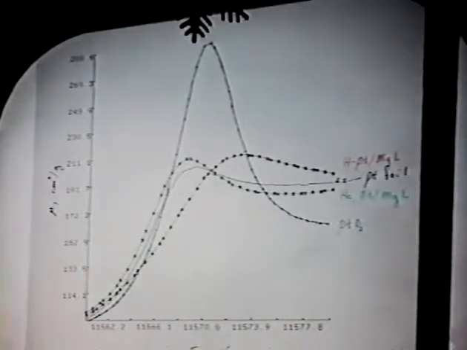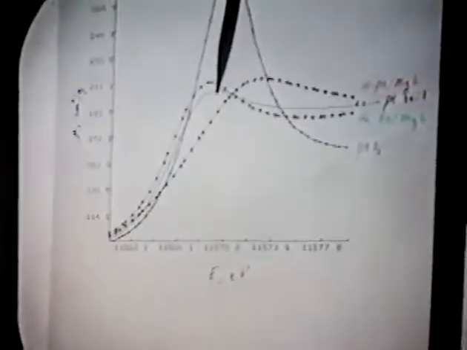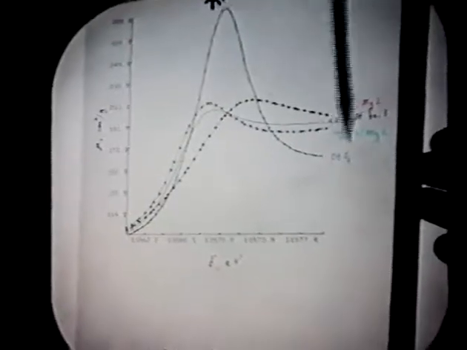And since the matrix element for that transition will be larger if there are lots of empty states there, the intensity of the white line will be larger when there are lots of empty states. So if I really make lots of empty states, I go from the metal to the oxides, I get a huge effect. Here, the dark line, the full line, is platinum metal, and the blue line is platinum oxide.